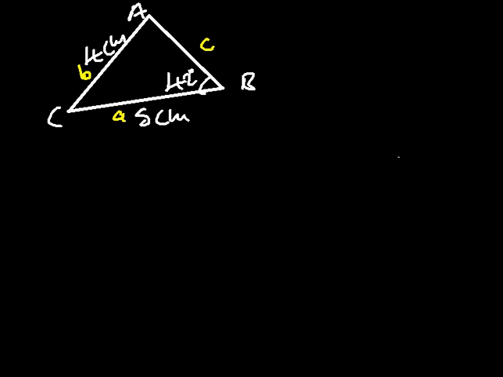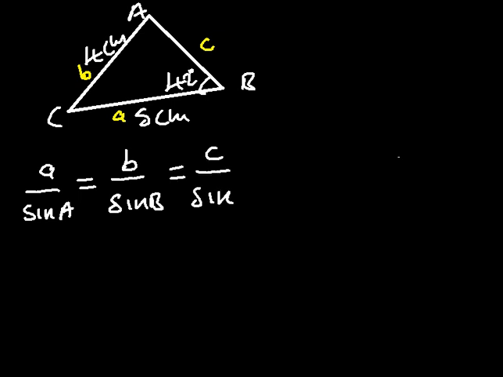So what is the sine rule we can apply? In this case, we'll have A divided by sine of angle A, which is equal to B divided by the sine of angle B, which is equal to C divided by the sine of angle C. So what is the value of the side here? We have it as 5 centimeter divided by sine of angle A, which is equal to, what is the side B?